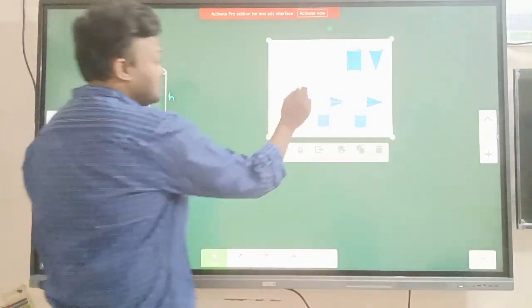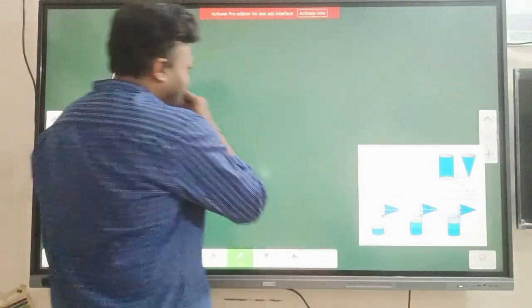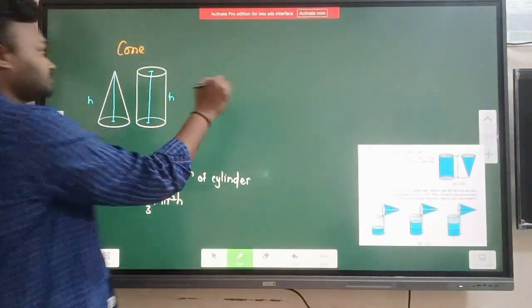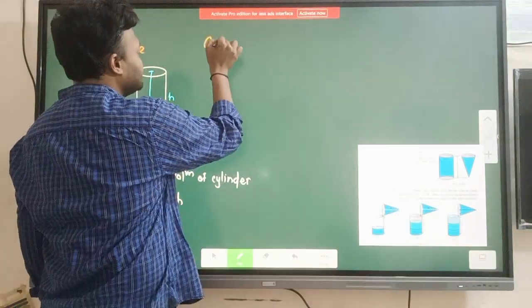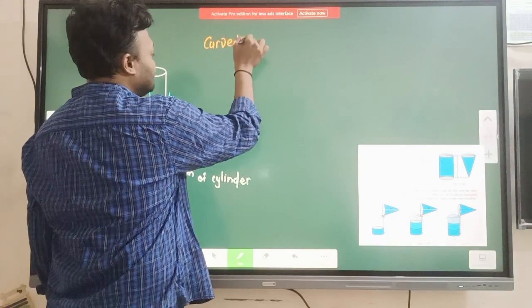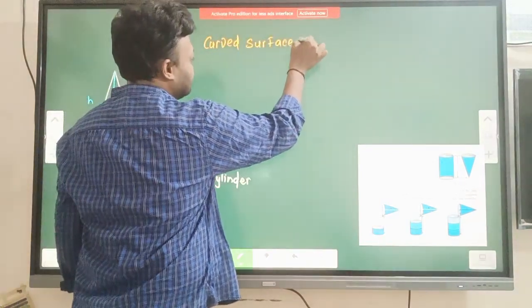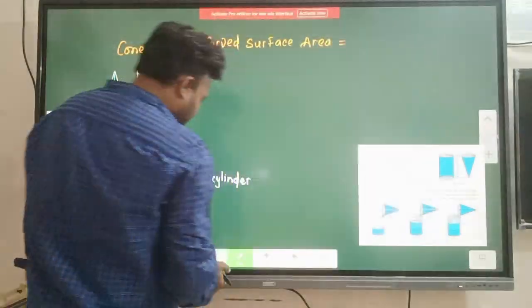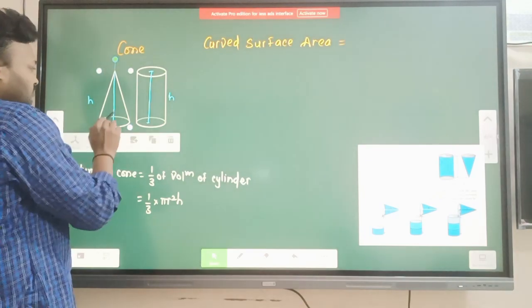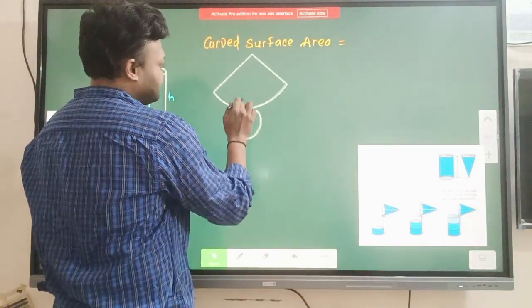Now we have the second most interesting part here, which is lateral. In this case also it will be curved surface area. So for curved surface area, we need to expand the shape.